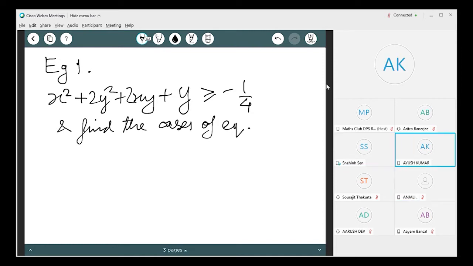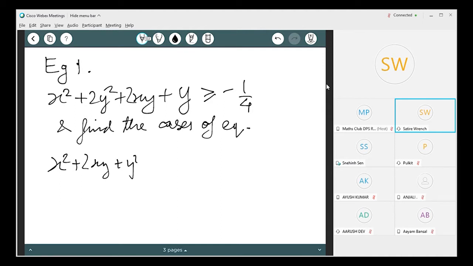Maybe we should write x plus y whole square, y square plus 1. I think we can do this. First, separate into x square plus 2xy plus y square. Then the next term is x square plus y square.